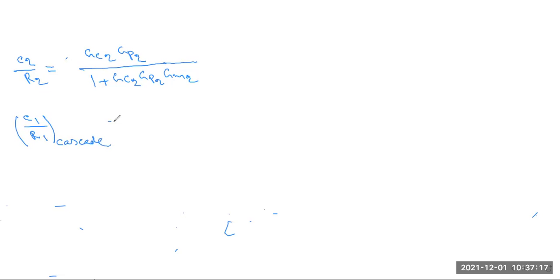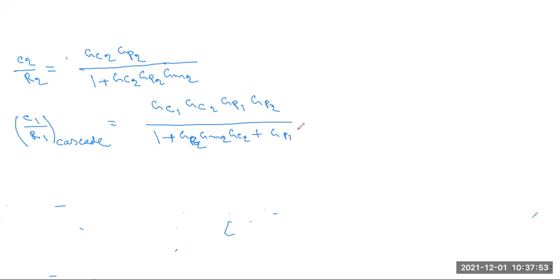This is the cascade control system. We write this equation: GC1, GC2, GP1, GP2. That means the two controllers, GC1 and GC2, and GP1 and GP2, process 1 and process 2, divided by 1 plus GP2, GM2, GC2 plus GP1, GP2, GC2 and GM1.